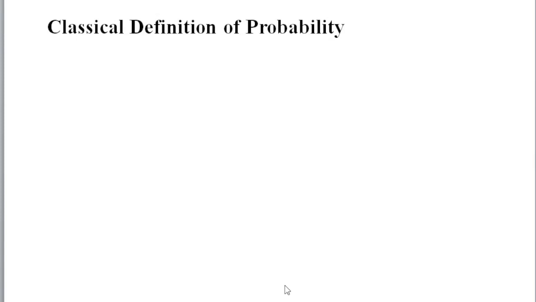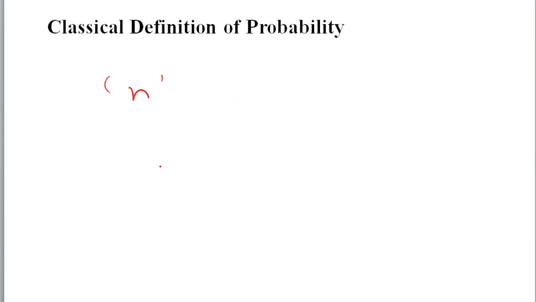In today's class, we will discuss only classical probability, and later we will discuss the remaining two. In classical probability, suppose there are n mutually exclusive events, which are also exhaustive and equally likely events.